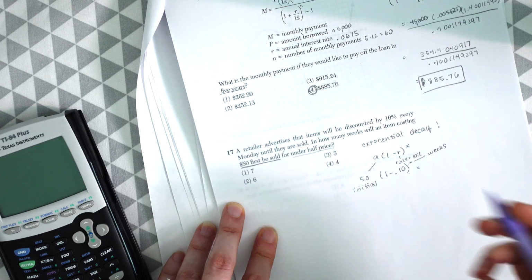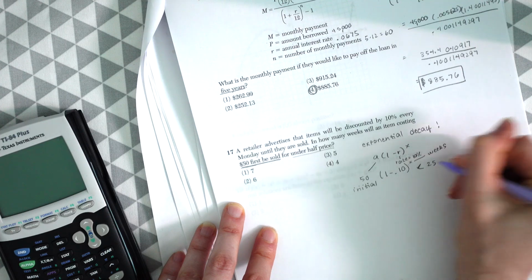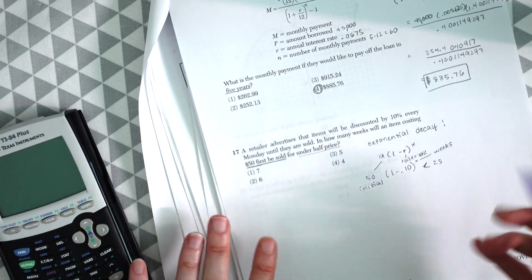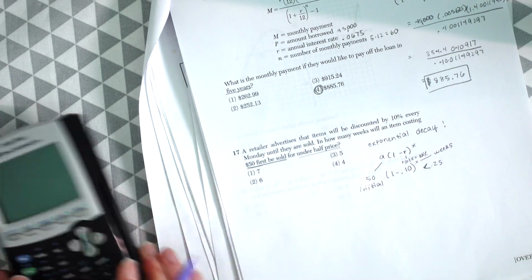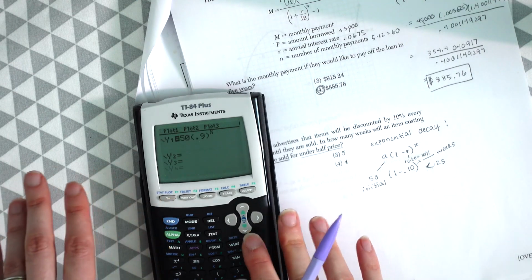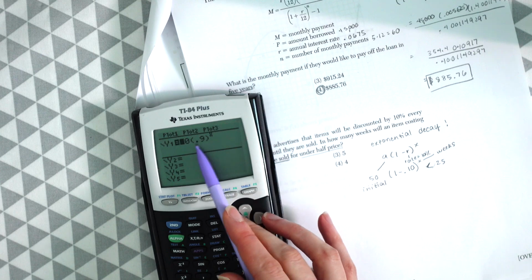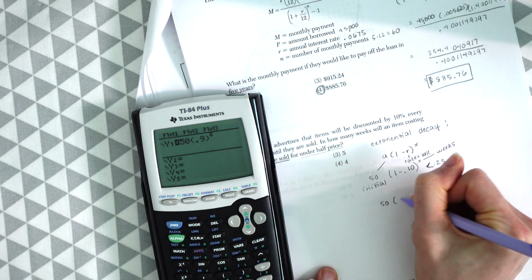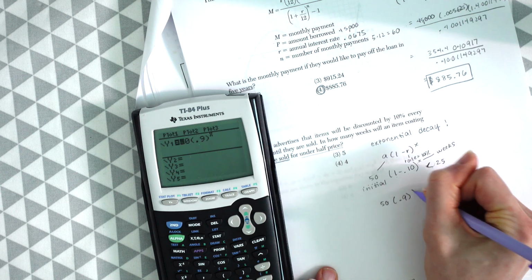And we want the price to be less than half price, or less than 25. So we can either solve it using logs, or we could plug it into the calculator, so I'm going to do that. We have 50 times 0.9 to the x, because 50 times 1 minus 0.1 is 0.9 to the x.